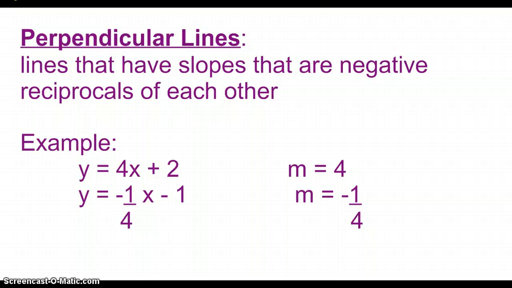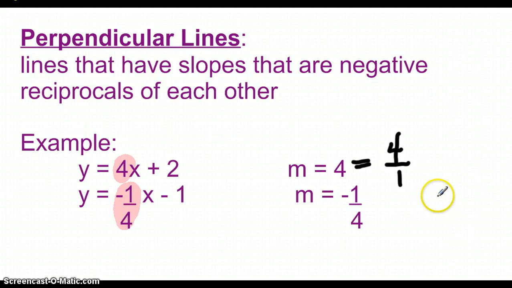What happens now when they're perpendicular? These are two that happen to be perpendicular. This slope is 4, and the slope down here is -1/4. So listen, if my slope is 4, that's really 4/1. If they're going to be perpendicular, then the slopes have to be what's called negative reciprocals of each other.